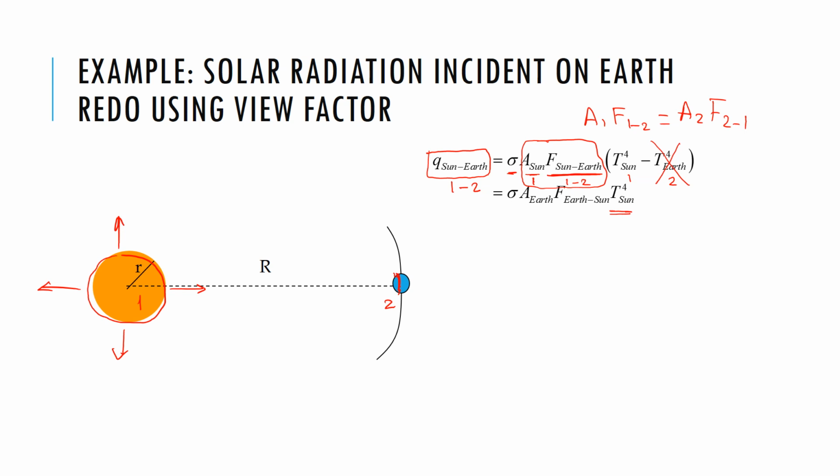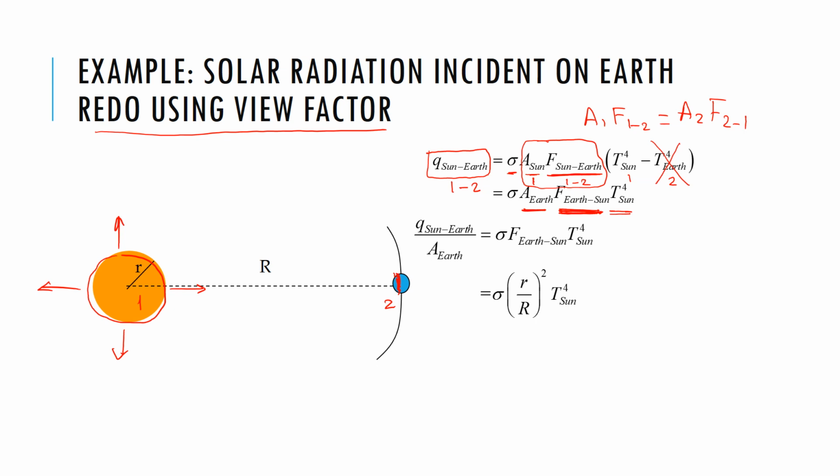So I can change from A sun and view factor sun to earth to the area of earth and the view factor earth to sun. This is the reason we did this: this view factor earth to sun, that is from a small area to a sphere, is something we derived. So we're going to use this view factor.